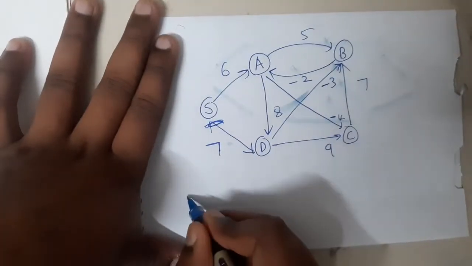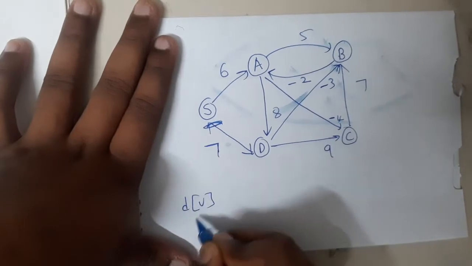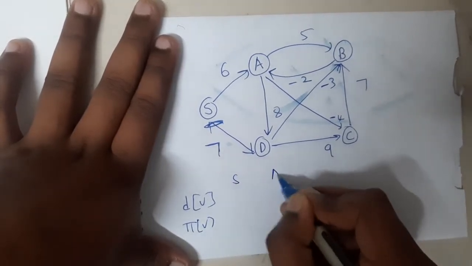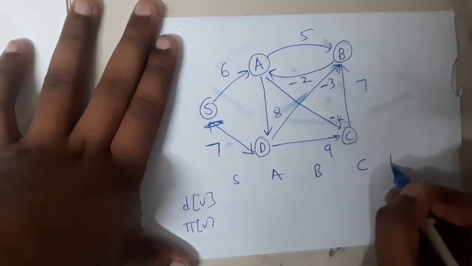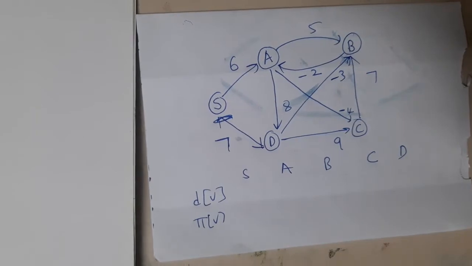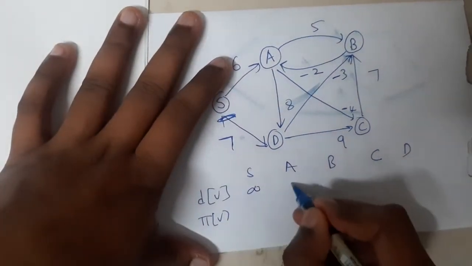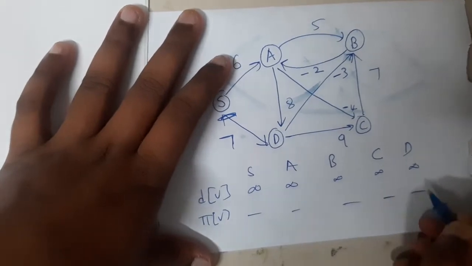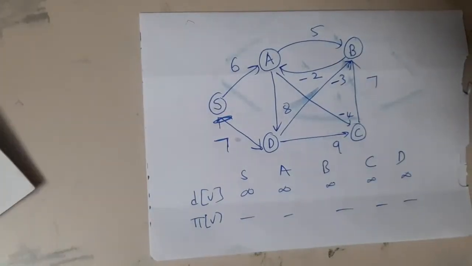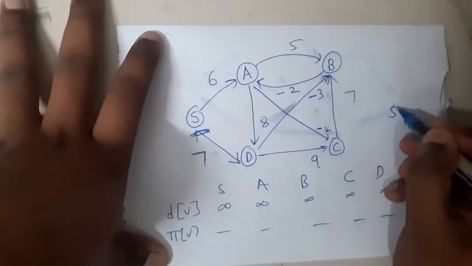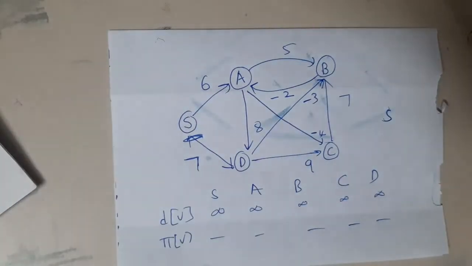Let us write the same matrix: D of V and pi of V, and the vertices are A, B, C and D. Initialization is done with infinity and with nil, so minus, minus, minus, minus. Let us start. What is our start vertex? Assume that we are starting at S, guys, and we need to find the distances for each and every vertex.